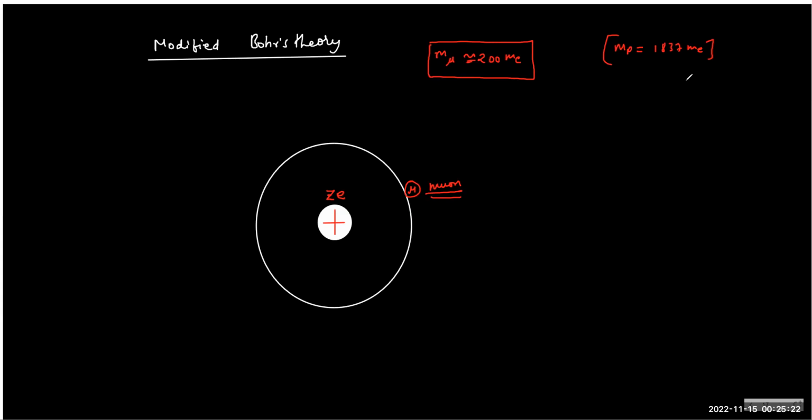You can see clearly that when we compare the proton with the electron, it is really very, very heavy. But if we compare the proton with the muon, it is roughly 9 times, isn't it? So we have one object M, another is 9M. You can think this way.